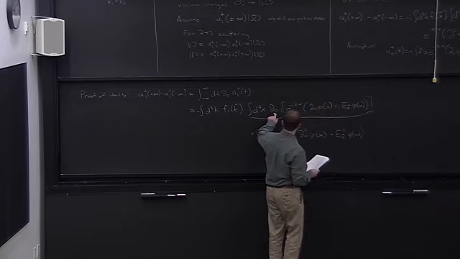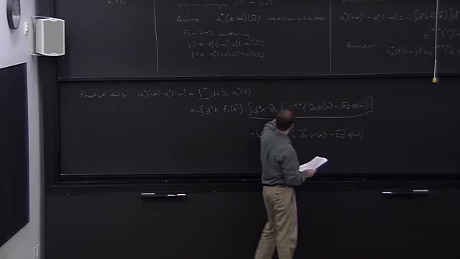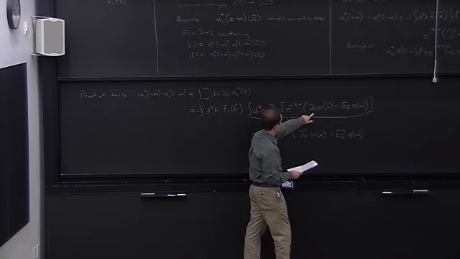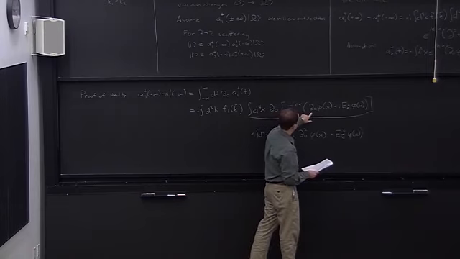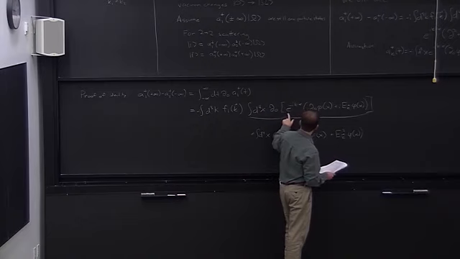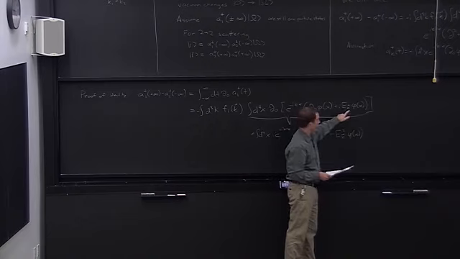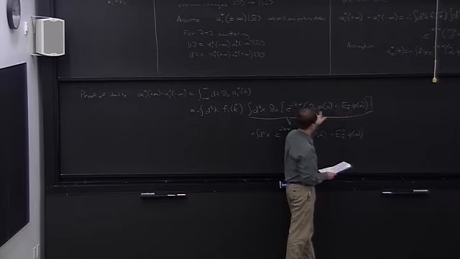And then we have 2 other terms. If we act with the time derivative on here and multiply by this term, we'll get a minus i E_k times d0, and we'll get exactly the opposite thing if we act with the time derivative on here. So those other 2 terms will cancel.